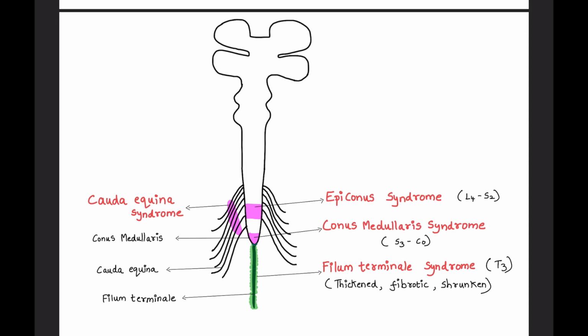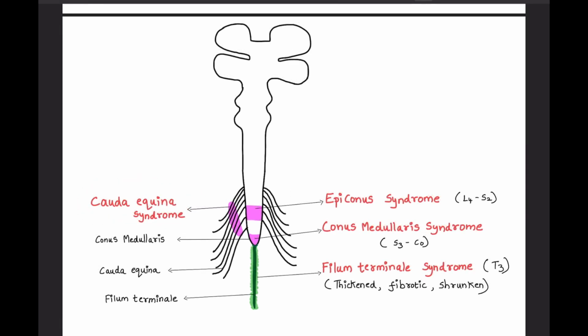If there is a lesion at the epiconus of the spinal cord, then there will be epiconus syndrome. This occurs around lumbar and sacral vertebrae L4 to S2. If there is a lesion at the Conus Medullaris, it is known as Conus Medullaris syndrome. It occurs around the sacral and coccygeal vertebrae S3 to Co. And if there is a lesion at the Cauda Equina, then the patient will have Cauda Equina syndrome.